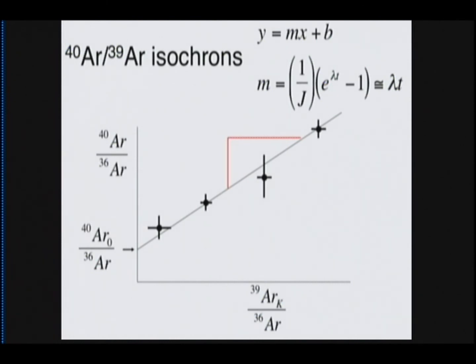And as I say, this is a very straightforward way to check whether the error correction is a valid correction and derive both an age and the initial argon ratio at the same time.